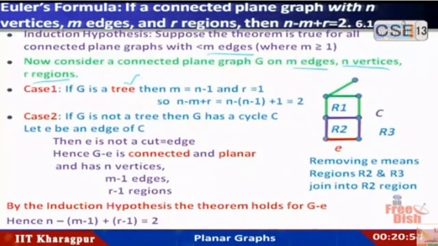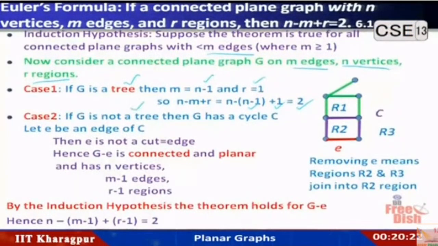A tree does not have any bounded region, so the number of regions is 1, and if the tree has n nodes, it has n minus 1 edges. If we plug into n minus m plus r the value of m as n minus 1 and the number of regions as 1, this comes out to be 2. Hence if the graph is a tree, this formula is satisfied.